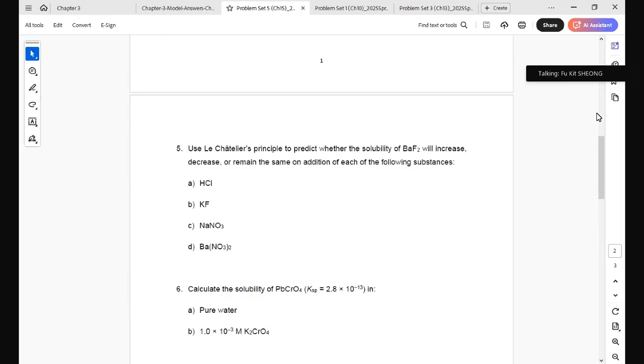So if you actually add protons to a solution of barium fluoride, basically the proton will take away some of the dissolved fluoride ions. Maybe it might be more convenient for us to write down BaF2 to Ba2+ and 2F minus.